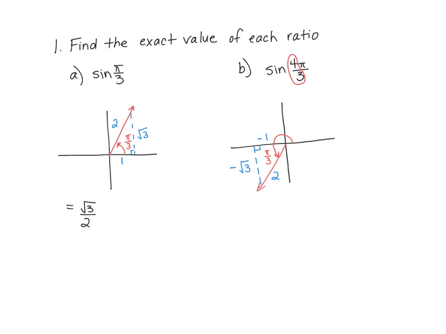So the value of sine 4 pi by 3: we've rotated into the third quadrant because we've rotated pi by 3 past pi. And we've drawn our special triangle, and sine of 4 pi by 3 gives me opposite over hypotenuse, which gives me a negative root 3 over 2.